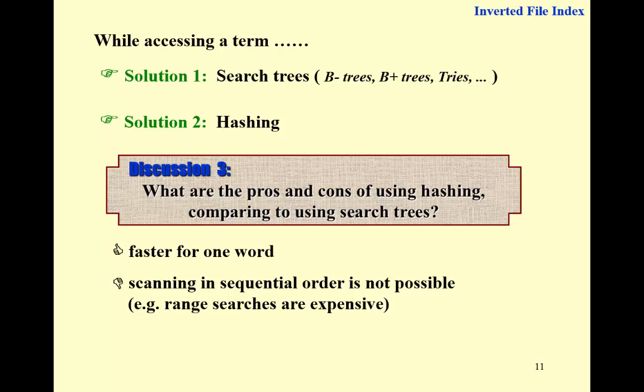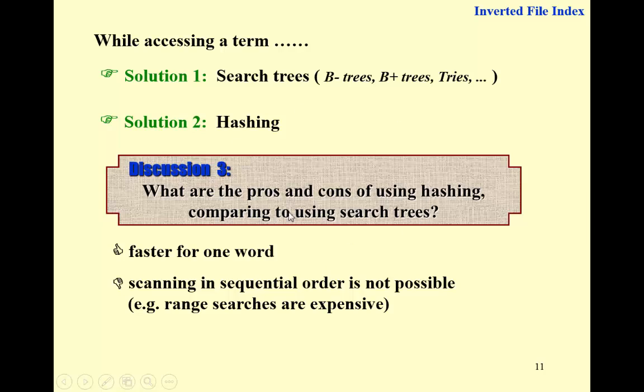So how can they do that? If we use hashing, different words will be hashed into different positions, and those positions might be quite far away. If we use search trees to store those dictionaries, it's going to be really easy to look for not just one word, but a range of similar words.